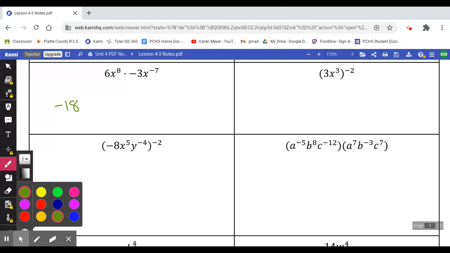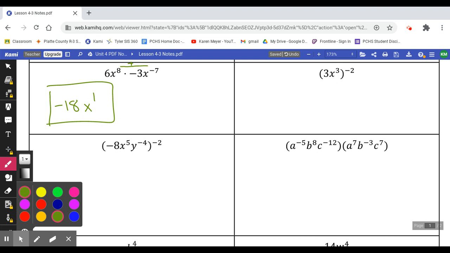And when you're multiplying, you should add your exponents. So for x, you would have 8 plus negative 7, which is 1. 18 doesn't have an exponent, so I don't have to worry about it. x has a positive exponent of 1, so I'm done. I don't have to move anything on that one because there are no negative exponents.